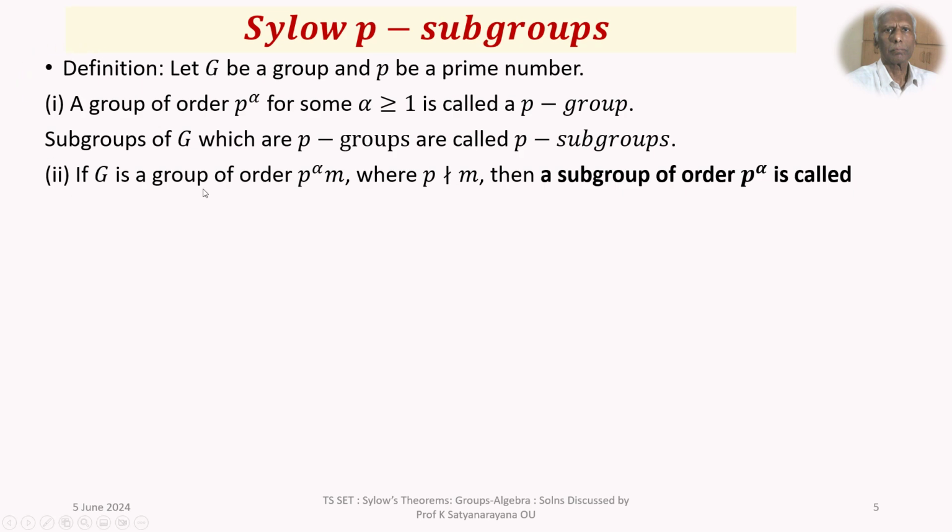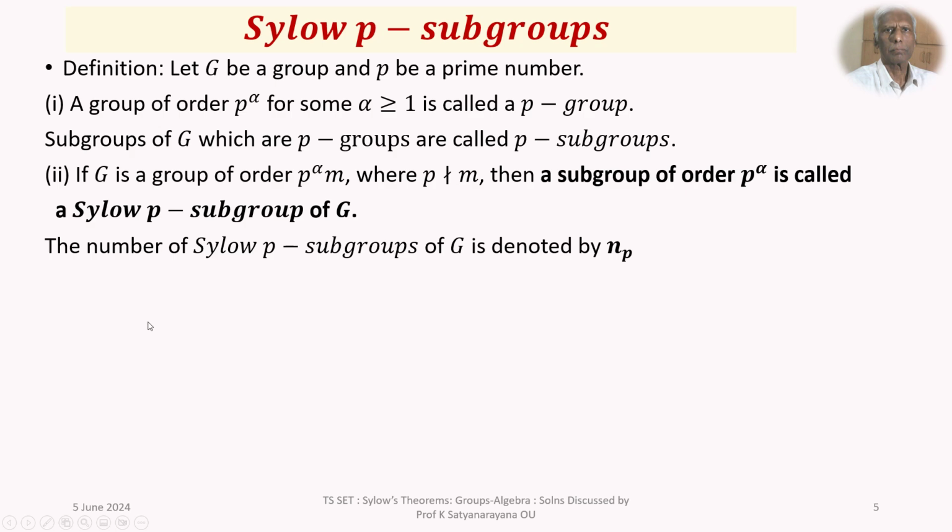If G is a group of order p to the power of alpha into m, where the prime p does not divide m, then a subgroup of order p to the power of alpha is called a Sylow p subgroup of G. Now we have a notation for the number of Sylow p subgroups of G, and it is denoted by n suffix p.